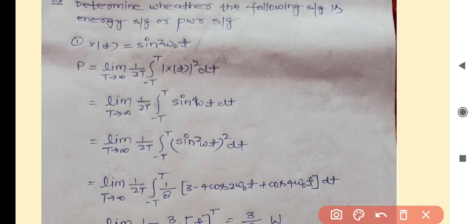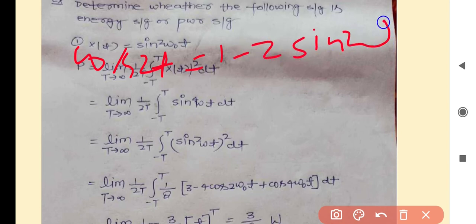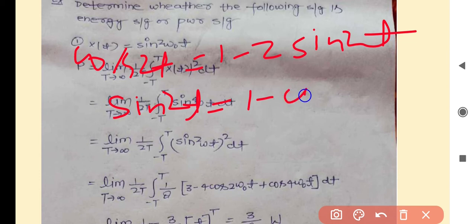When we square it, it becomes sin power 4 omega t. We will write it as sin square whole square. Then we apply the formula cos 2t equals 1 minus 2 sin square t. From here, sin square t equals 1 minus cos 2t divided by 2.